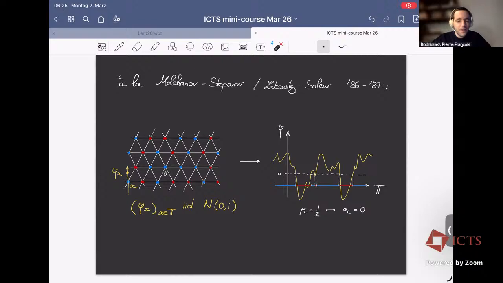Another way that you can think of it is that a is the sea level, and then you have this yellow two-dimensional landscape, and you basically flood it with water up to level a, and the open clusters are the mountaintops in this landscape. Now p_c equals a half, and this reparametrization just amounts to saying that the critical height a_c is equal to 0.